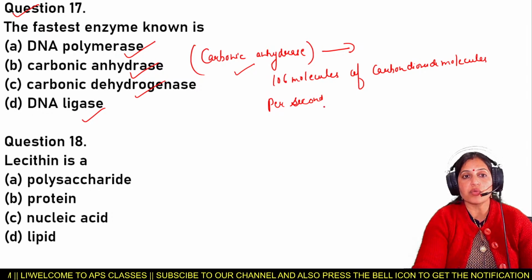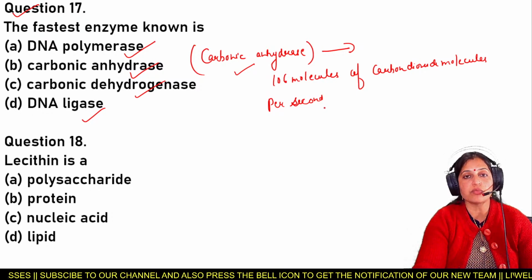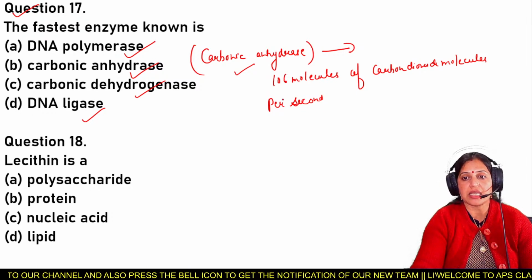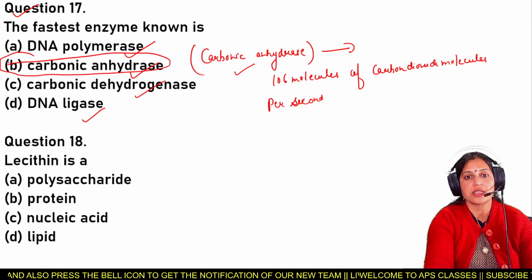So that's why the fastest enzyme is known as carbonic anhydrase, because it converts 10^6 molecules of carbon dioxide per second. So this is the right answer, carbonic anhydrase.